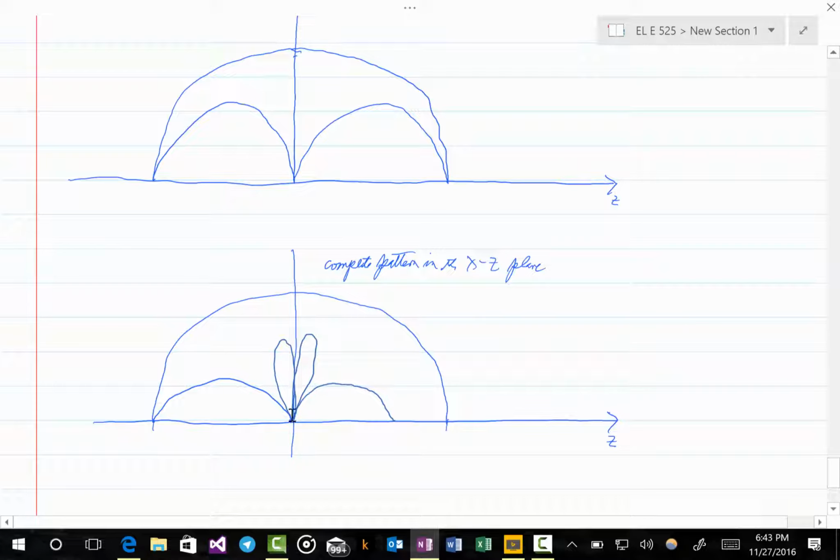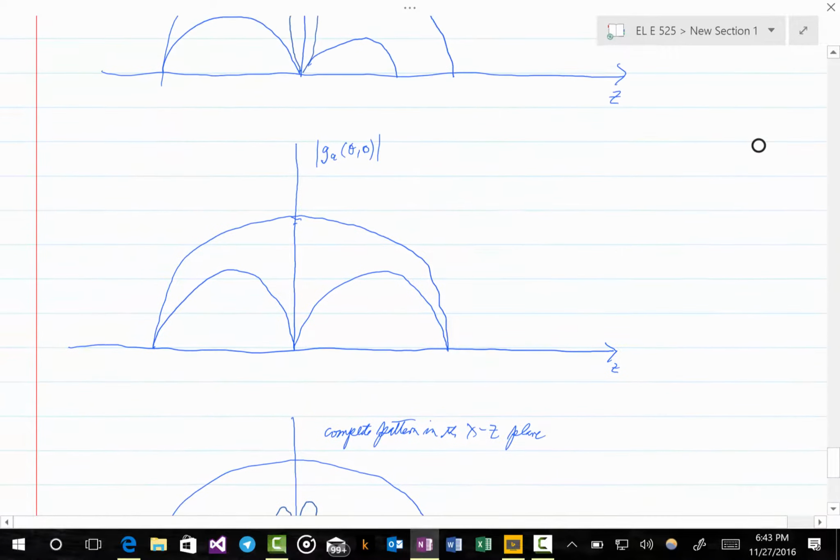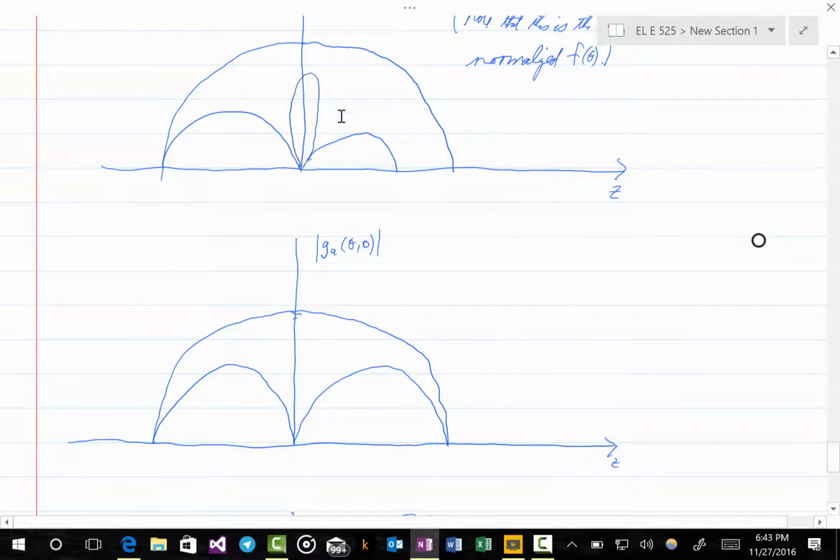The only change that I want to make here in the complete pattern is that these two lobes here are a bit larger than they really should be, and let me explain why. This lobe here is being split in two by this 0, but even when we move a little bit off of the angle of pi over 2, this element pattern has a small value.